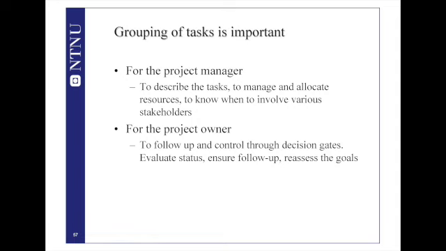Or we say, okay, the previous group of tasks has been completed successfully. Or we say, maybe we need to reassess the goal of the project. So as you see, the purpose of a project life cycle is twofold: to manage, and this is the project manager domain, and to control, and this is the project owner domain.